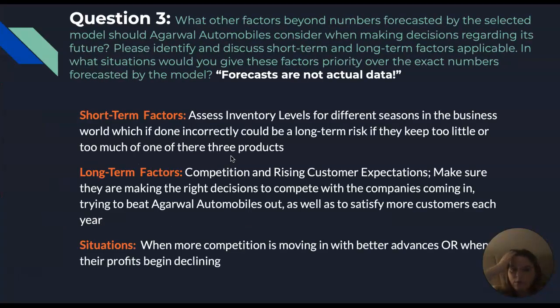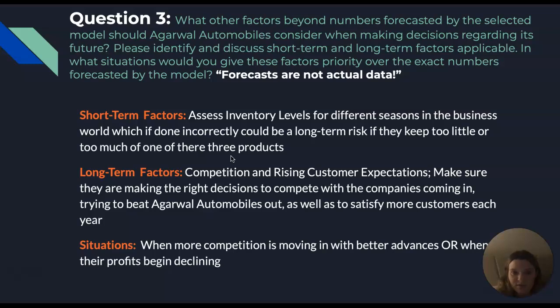And then question 3, what other factors beyond numbers forecasted by the selected model should they consider when making decisions regarding its future? Please identify and discuss short-term and long-term factors. In what situations would you give these factors priority over the exact numbers? I did want to quote whenever our professor said forecasts are not actual data, they're not everything.